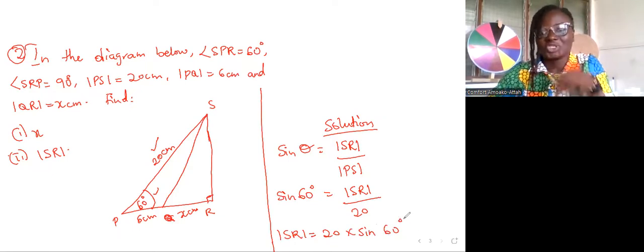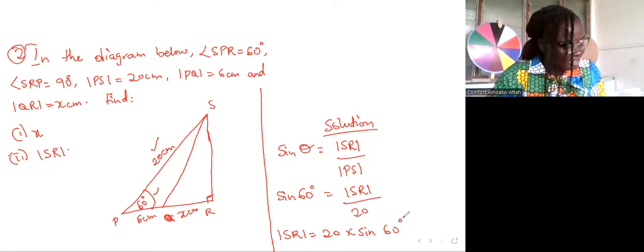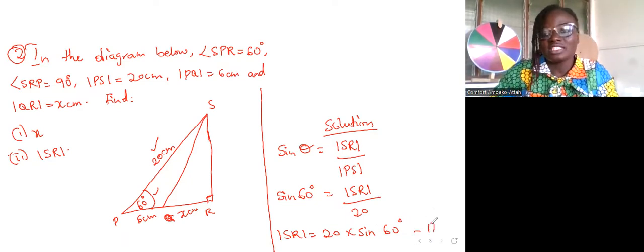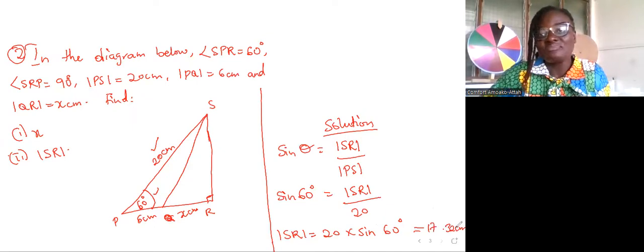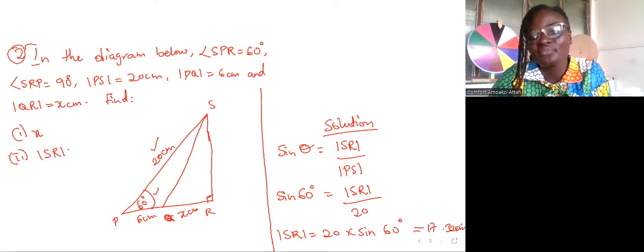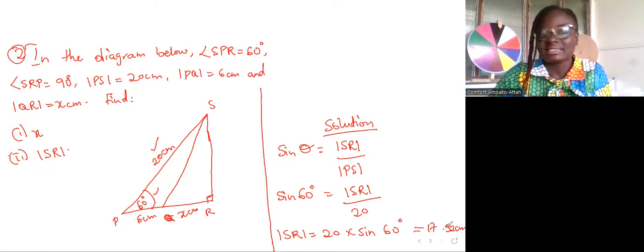So punch and fix the answer over there. With that, what am I going to get? I had 17.32 centimeters.